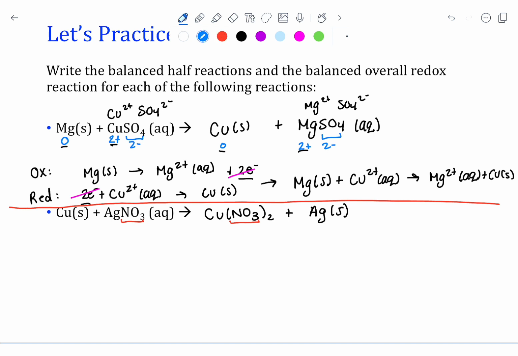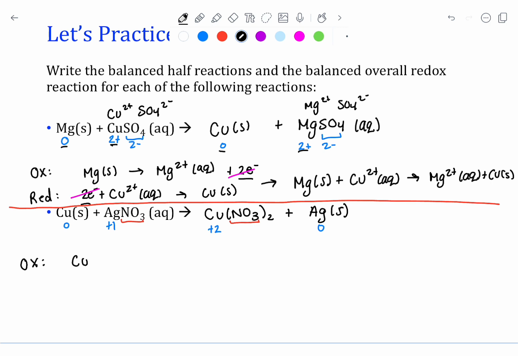If we look at our oxidation numbers, copper is going from copper 0 to copper 2+, and silver is going from +1 to 0. So copper is being oxidized because it is losing electrons, right? It went from 0 to +2.